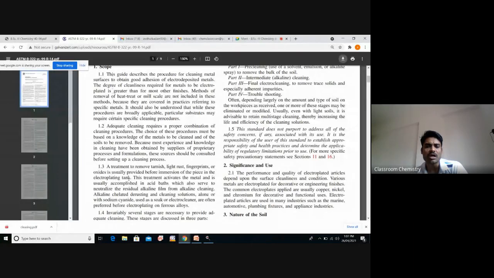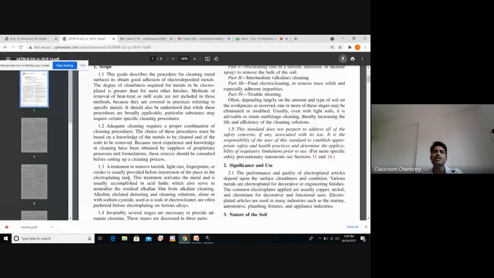This treatment activates the metal and is usually accomplished with acid baths, which also serve to neutralize the residual alkaline films left from the cleansing. Alkaline chelated. Chelation means, I think you don't have an idea.